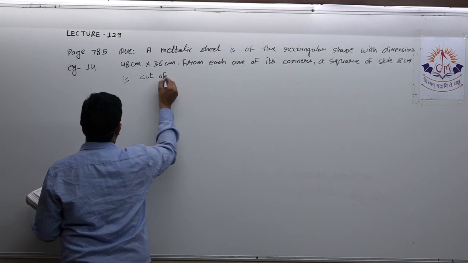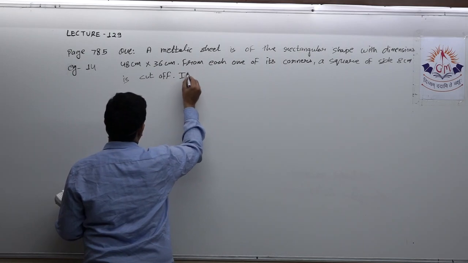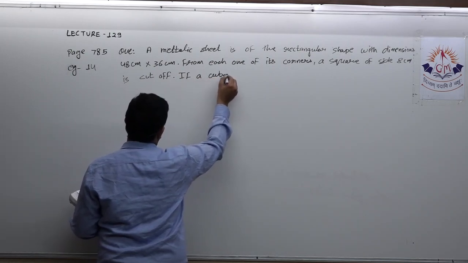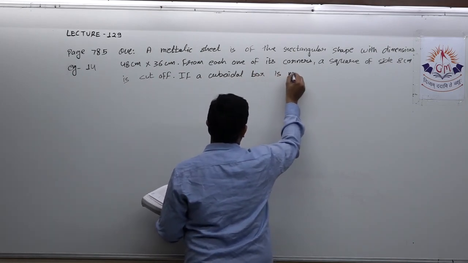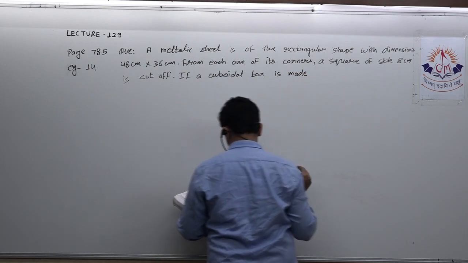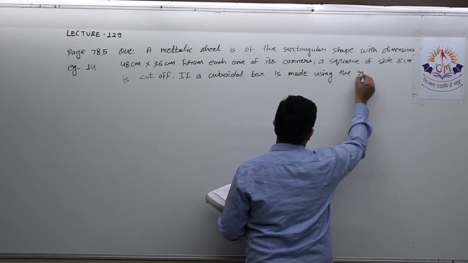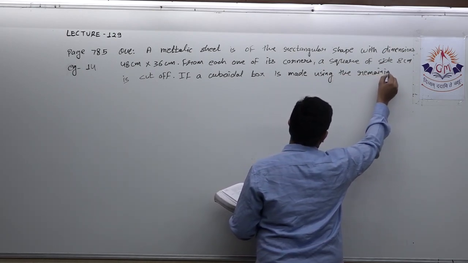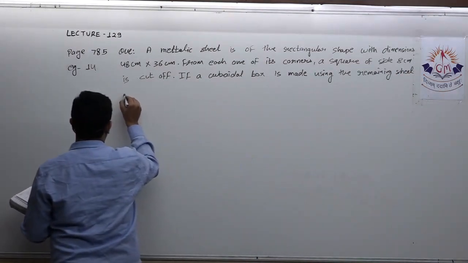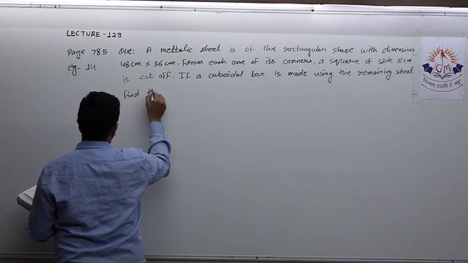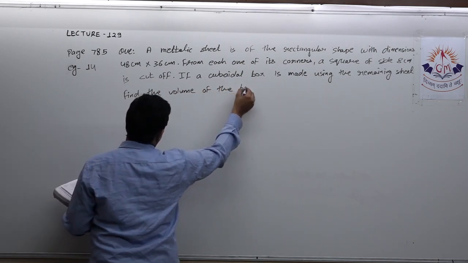If a cuboidal box is made using the remaining sheet, find the volume of the box.